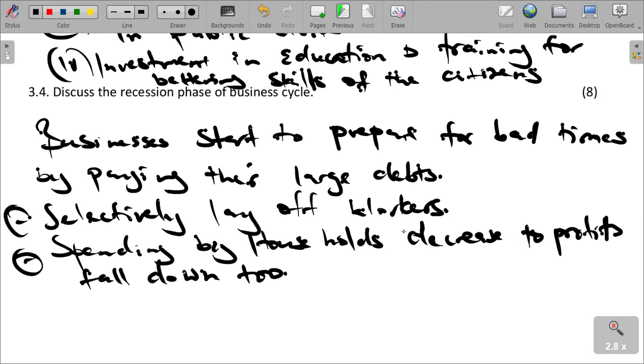We also have the central bank. It applies stricter monetary policies.